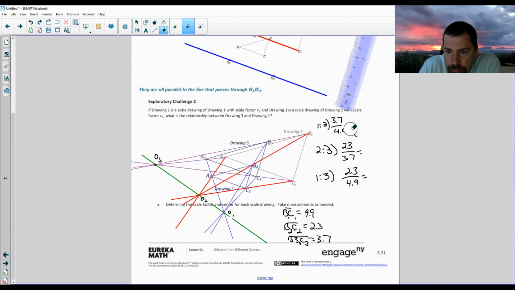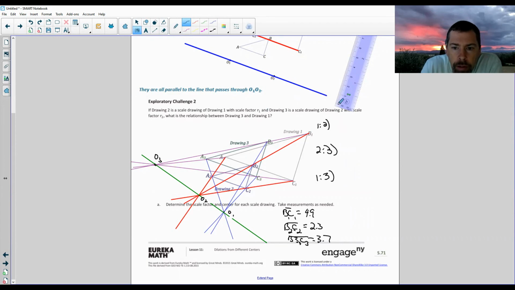All righty. All right, 1 to 2 would be 2.3. Drawing 1 to drawing 2 is its smallest one to the biggest one.